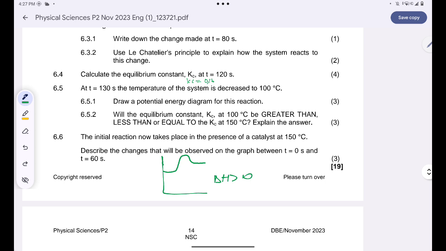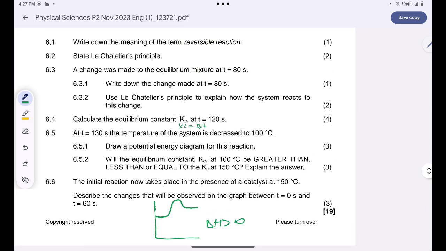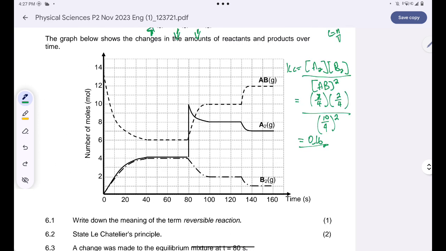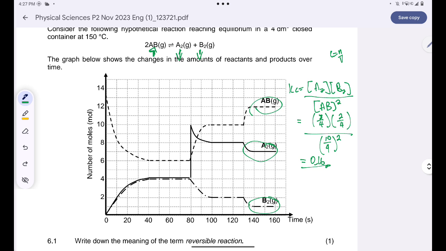Are you together? And then now we are being asked, will the equilibrium constant at 100 degrees be greater than, less than, or equal to? The equilibrium constant will be less than. We can all see that the reactants have increased, but the products have decreased. If you decrease the products, you are decreasing the numerator, you are making the number even smaller.